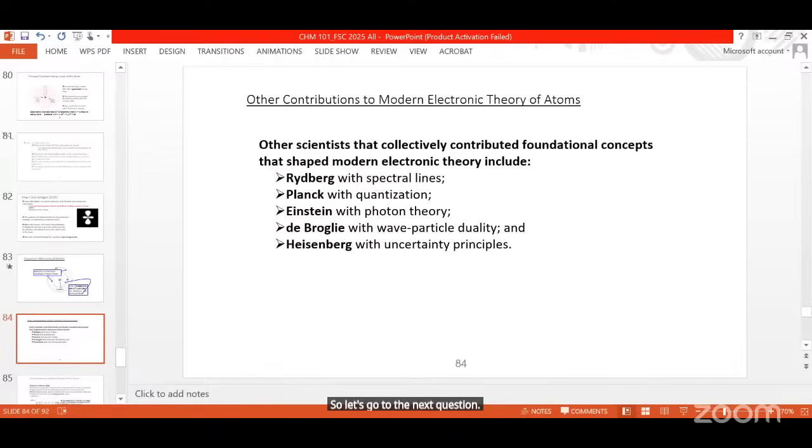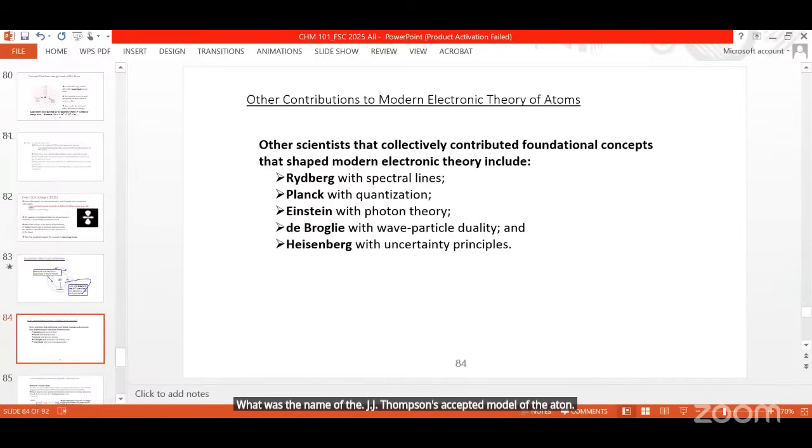The next question says, okay, this one, everyone should get it right. What was the name of J.J. Thomson's accepted model of the atom?